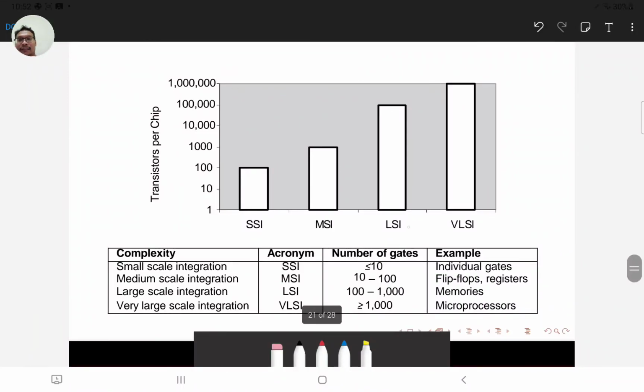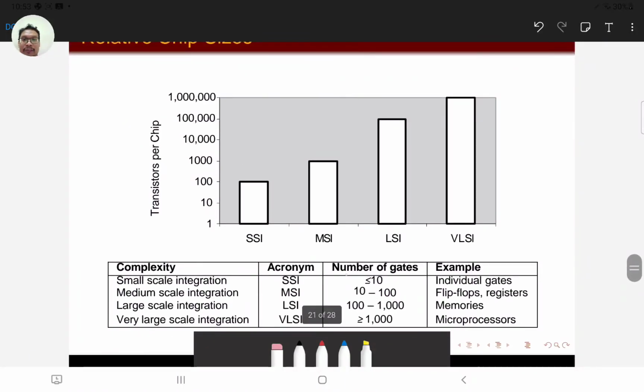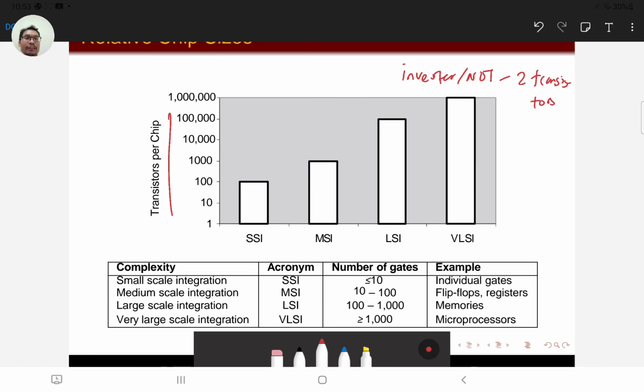So let's look at some of the terminology here. When we talk about logic gates, transistors per chip. The inverter, or the NOT gate, has 2 transistors.